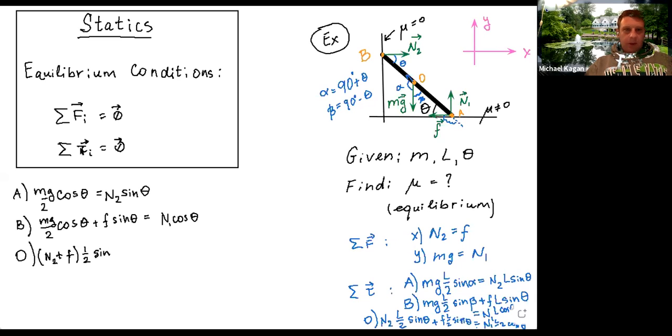Oh, 1/2 can also be canceled. Sine theta equal n1 cosine theta. Okay, so this is probably as simple as it gets.